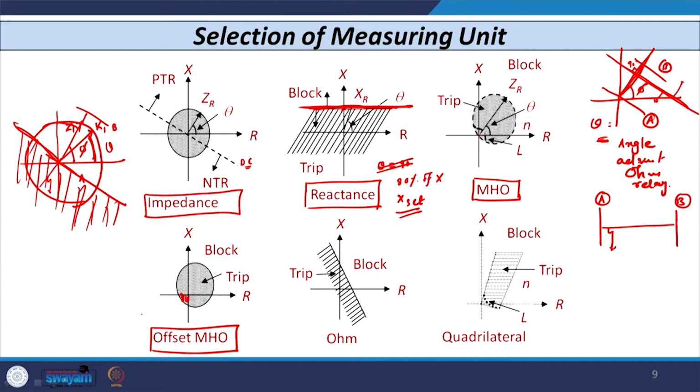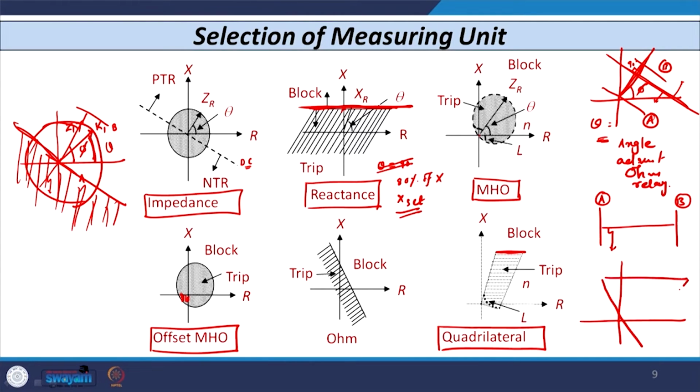Now let us consider another type of characteristic, known as the quadrilateral characteristic. You can see this portion is very important. In some cases they also consider a quadrilateral characteristic of this nature.